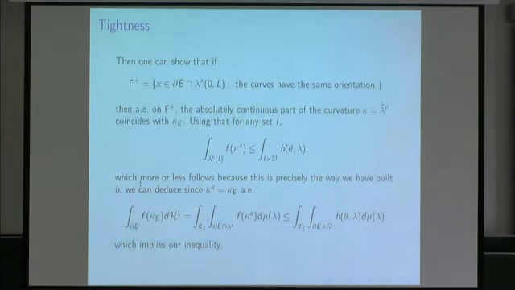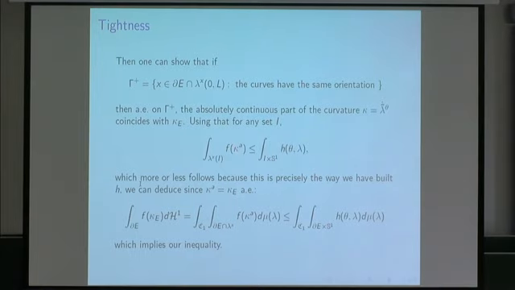So more technically, we look at the points where the projection of lambda and the boundary of the set not only coincide, but they have the same orientation. And here we see that the curvature kappa, which is a measure, coincides with kappa E almost everywhere.